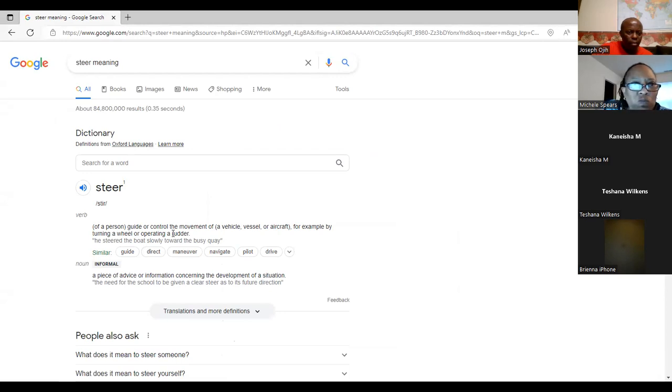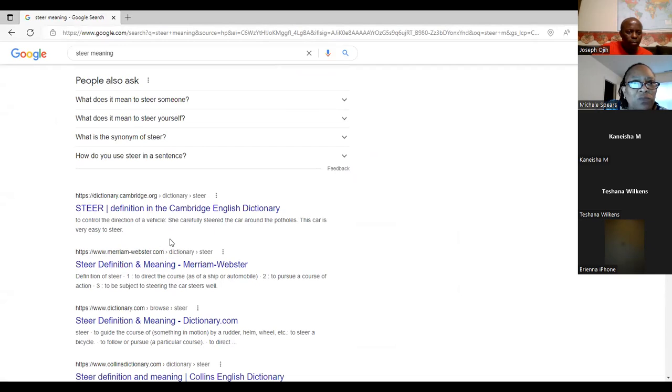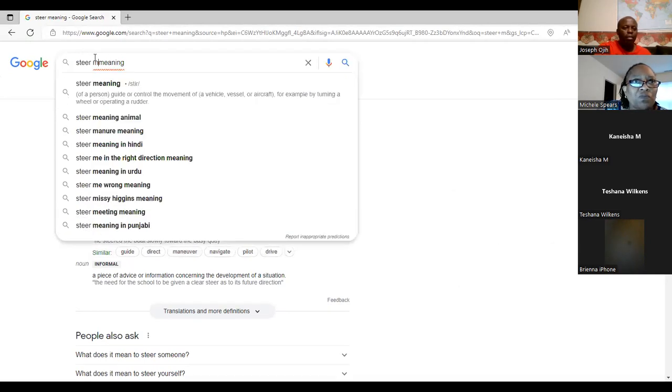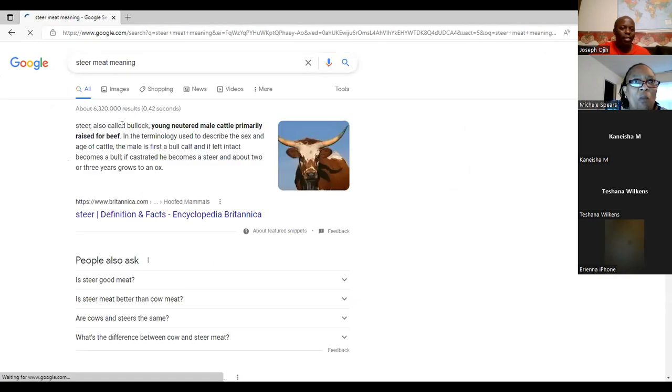Steer should be meat. It gives us all the definitions. Okay, a meat. Yes, see? A steer is a young bullock. Yeah, young cattle. You can see the diagram here. All right, so I think you get it.